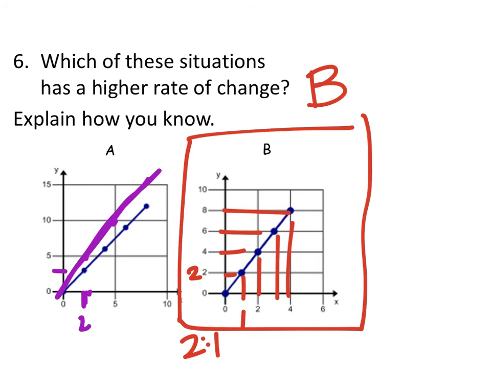And again, how do we know that? Well, the B graph is showing a 2 to 1 ratio. The A graph, which I did in purple, is showing a less than 2 to 1 ratio. And again, I'll go back through that because I heard someone ask a question there. A 2 to 1 ratio would be like 10 to 5 or 5 to 2.5, about right there. Or even 15 to 7.5, something like that.